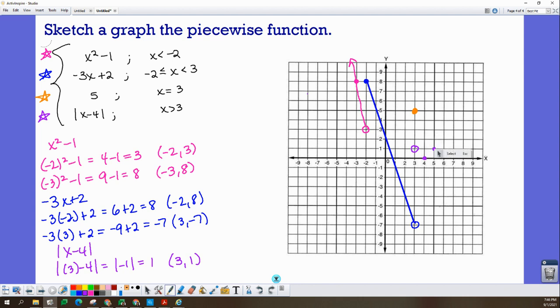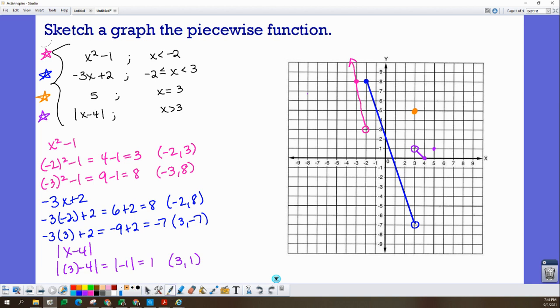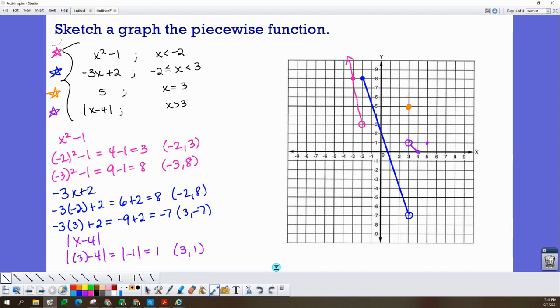And then we can draw our segment and our ray. So we get this. And we also have this. And there is a sketch of the graph of our piecewise function.